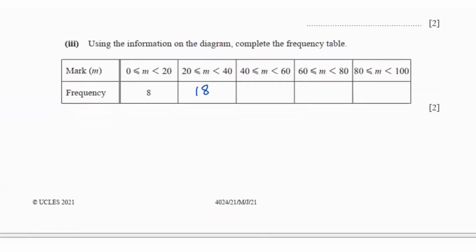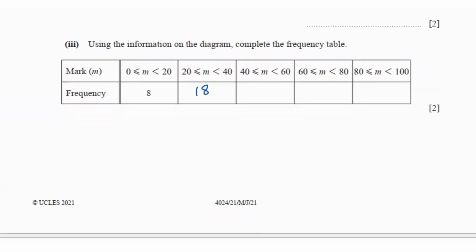So if the cumulative frequency at 60 is 58, what we will do is 58 minus 18 minus 8. That is 32. So 32 is the frequency for 40 to 60.